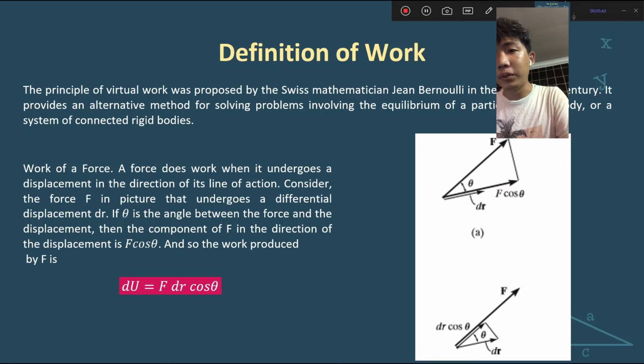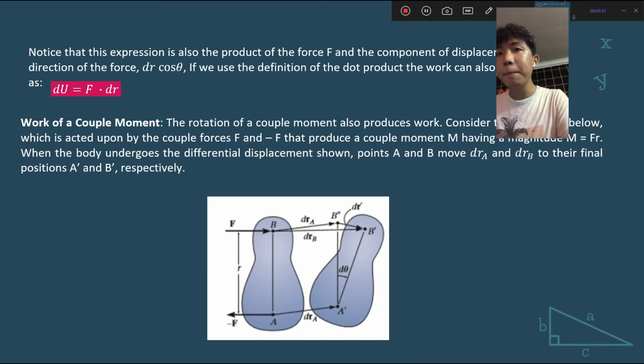And so the work produced by F can be found using the formula dU = F dr cosine theta. Notice that the expression is also the product of F and the component of the displacement in the direction of F, dr cosine theta. If we use the definition of the dot product, we can say that dU = F · dr.